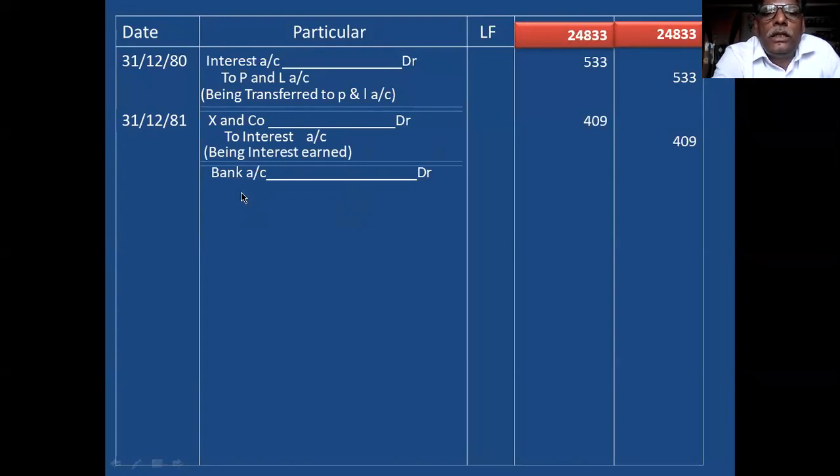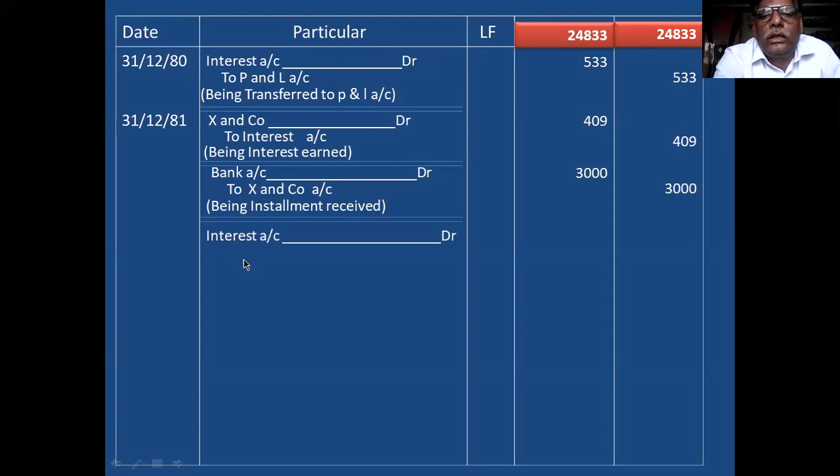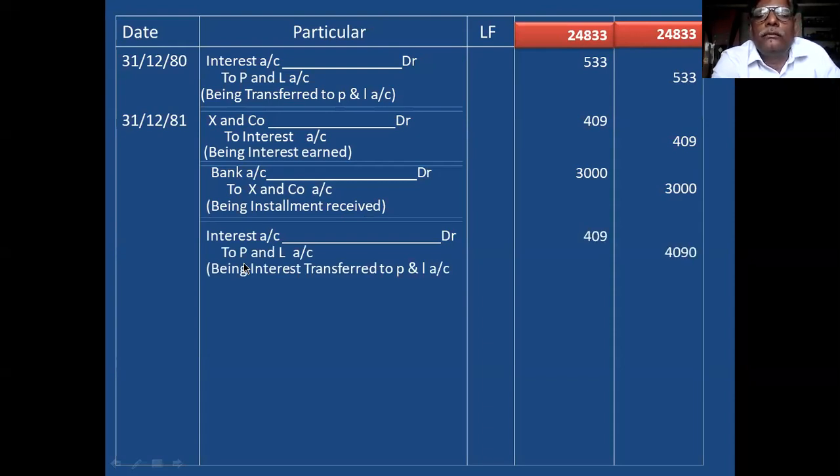Bank balance increases, debtor balance decreases. Being installment received, 3,000, 3,000. Then transfer interest to P&L account. Interest account debit to P&L account, being interest transferred, 409, 409. Third year, 81, completed.